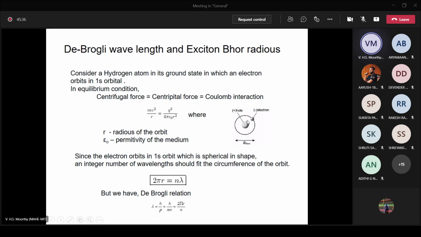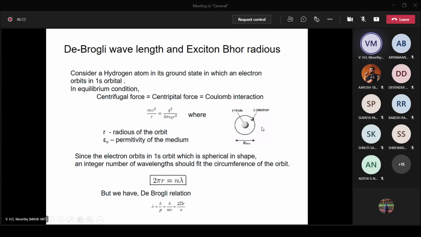So the electron is revolving around the nucleus in the 1s orbital. You know 1s orbital means s for spherical, so it is a spherical orbital. I hope you understand this. The important thing is that the electron is moving in a spherical path, with the center of the sphere being the nucleus, the positive charge.